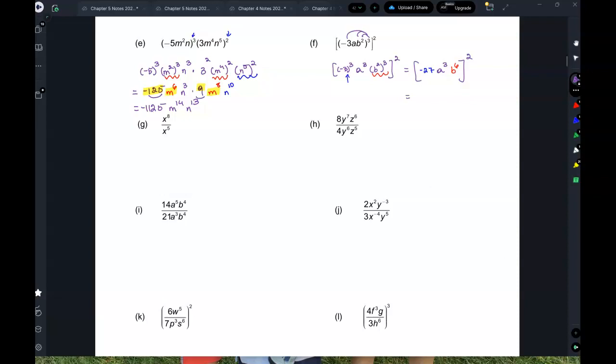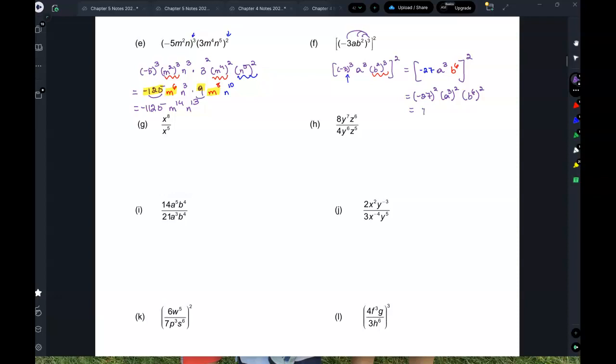Now we're going to distribute the 2. So it's going to be negative 27 squared, a cubed squared, b to the 6 squared. Okay, so go ahead and plug the negative 27 squared into your calculators, please. What do you guys think?